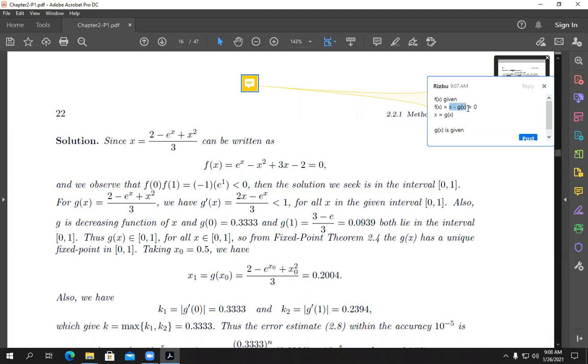This is the way we can find it. Because in many examples, I will give you g and I say find f. For one f, you can have millions of g. For one g, how many f can you find? Only one. Only one f we can find.